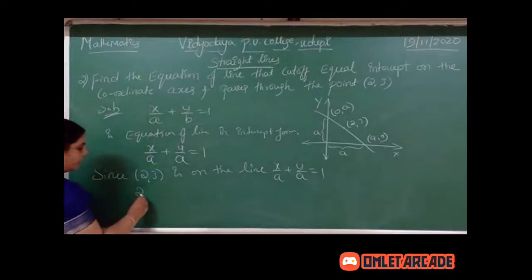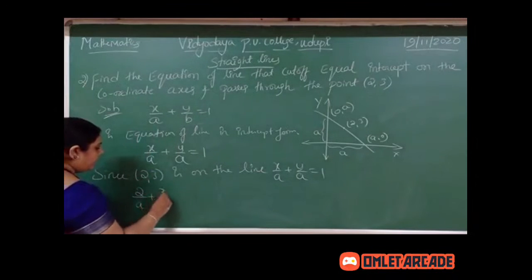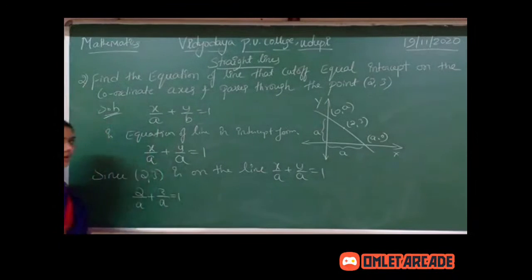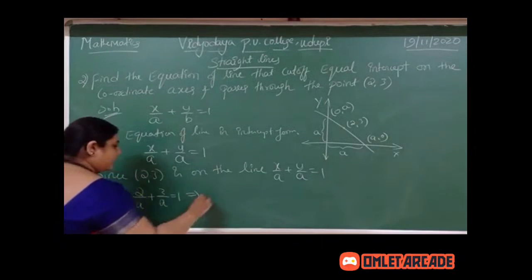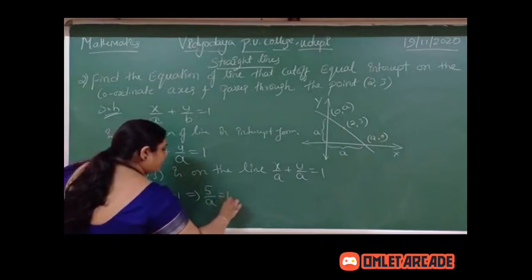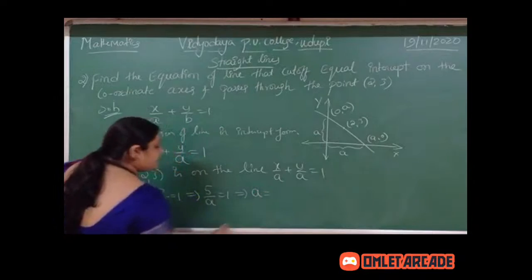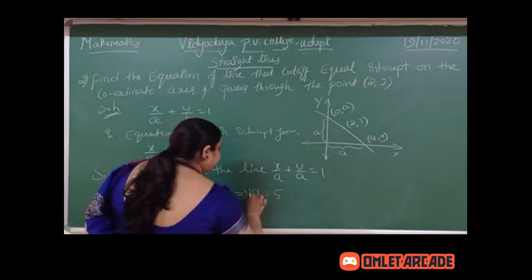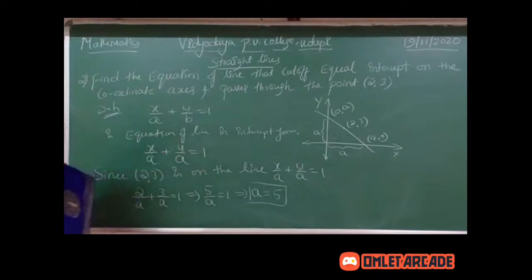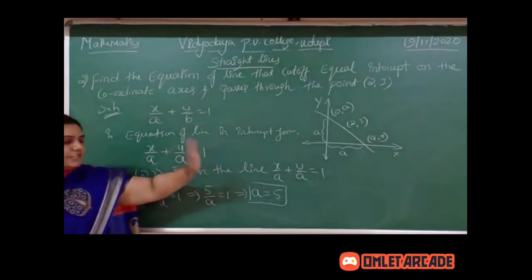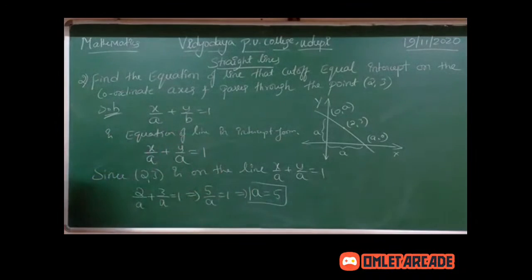See what you will get. 2 by a plus 3 by a is equal to 1. So what you will get? 5 by a is equal to 1, which implies a is equal to 5. Since (2, 3) is on the line, it should satisfy the equation of the line. So I substituted x is equal to 2 and y is equal to 3 and I got a value, isn't it?